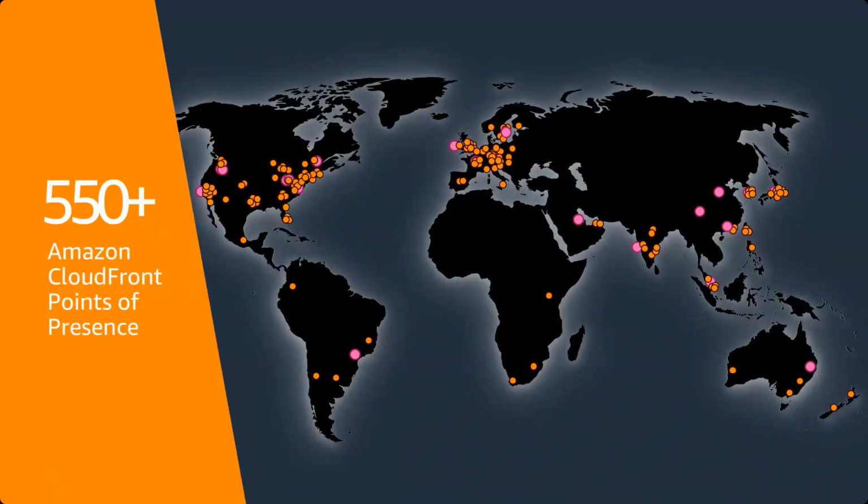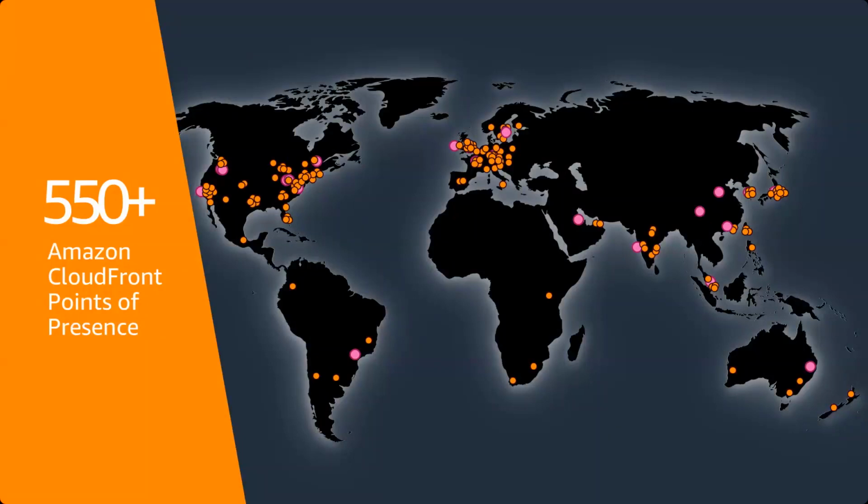Now, this next part is about the Amazon CloudFront points of presence. Amazon CloudFront is a web service that speeds up distribution of your static and dynamic web content like HTML, CSS, JavaScript, or just image files to your users. What we say is that CloudFront is a content distribution network, a CDN.